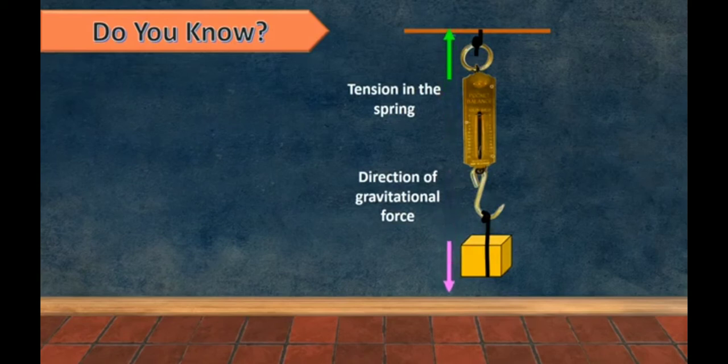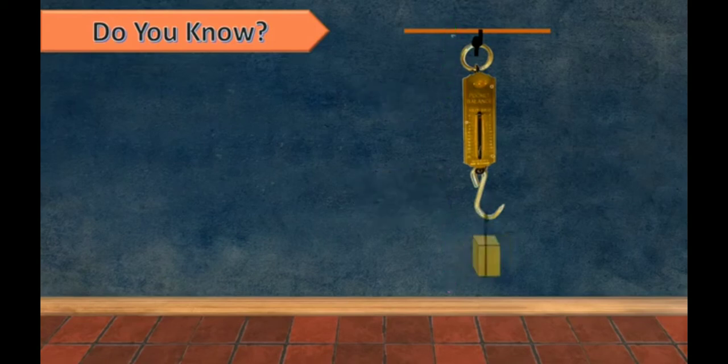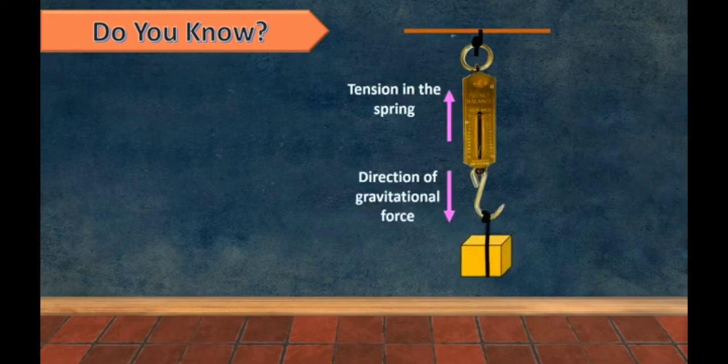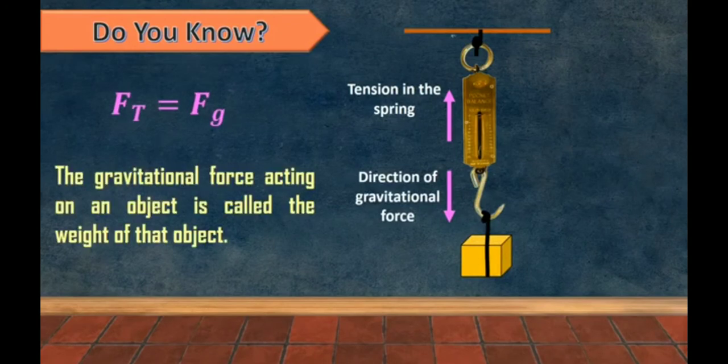So forces are applied in both directions. The spring is also applying force, and gravitational force is also applied by the earth. Understood? That's why, because Ft is equal to Fg, the gravitational force acting on an object is called the weight of that object. Understood?